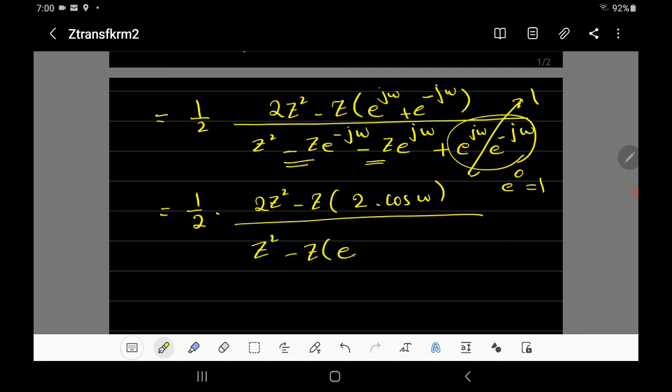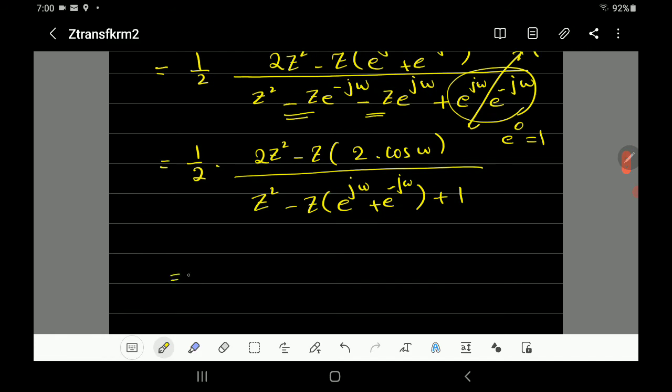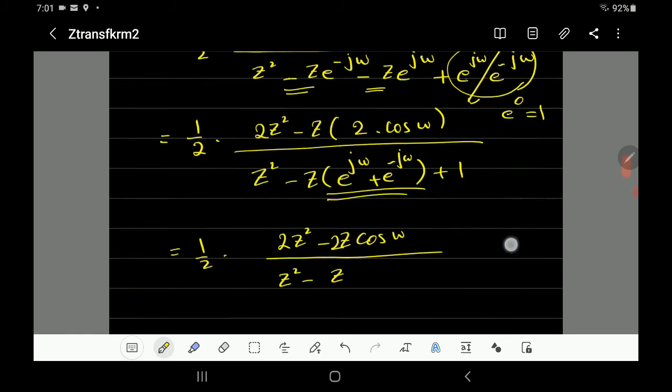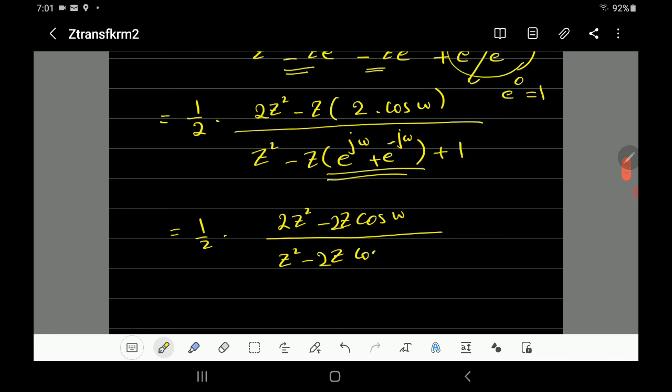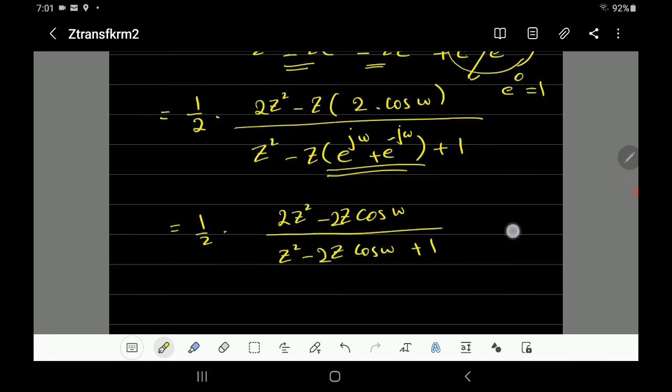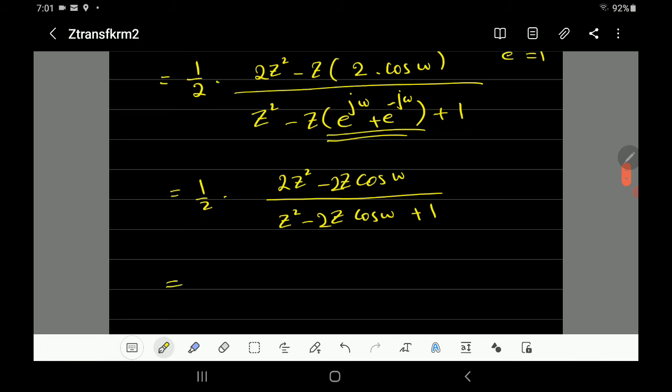You have e to the power of j omega plus e to the power of minus j omega, and you have the 1 here. Again, I will reduce this term like we did in the top part. 2z square minus z times 2 cosine omega, divided by z square minus z times the bracket, and this term is equal to 2 cosine omega plus 1. Well, it's done.